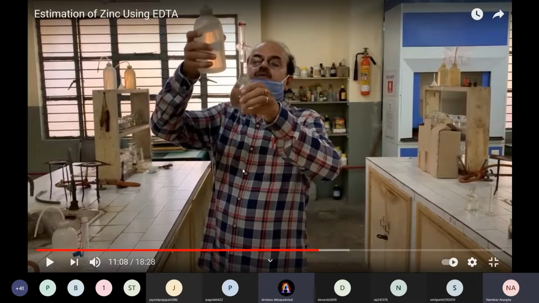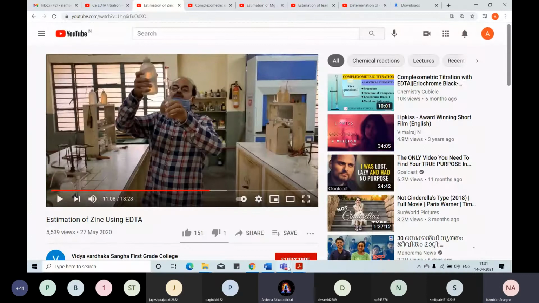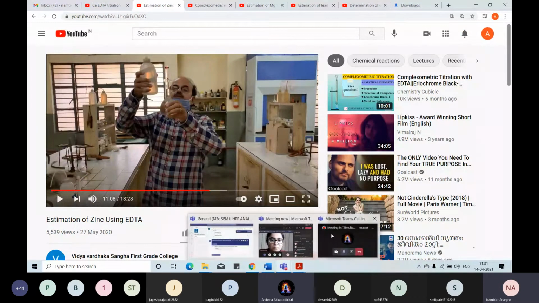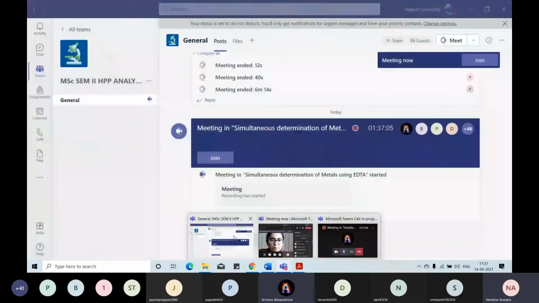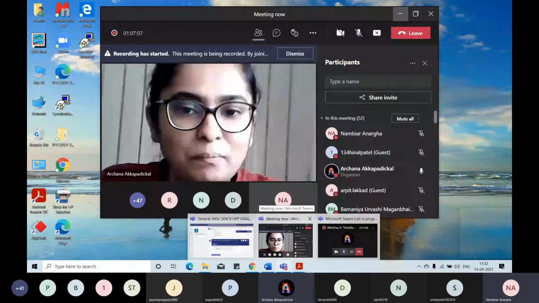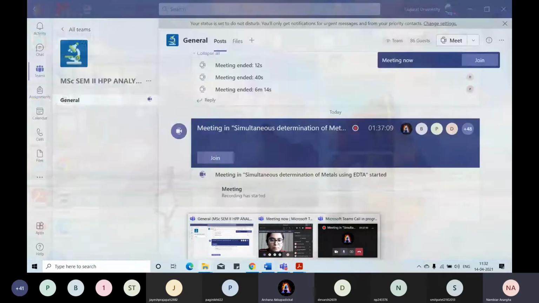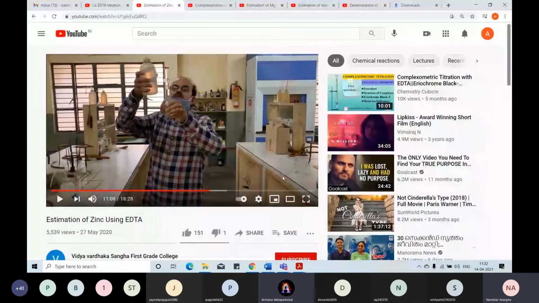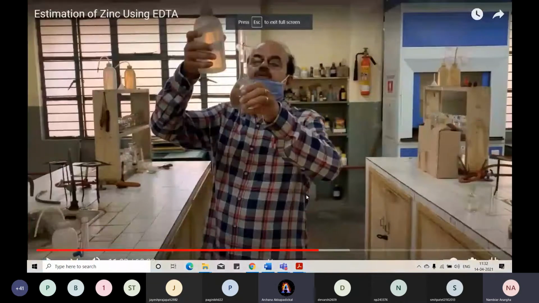That is called a volumetric flask. Whenever you perform this practical in your exams, this is just for your understanding. We can show you these kind of videos for certain things for which you don't have access, just to make you understand that.